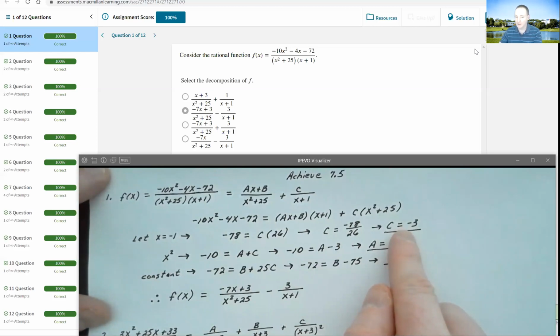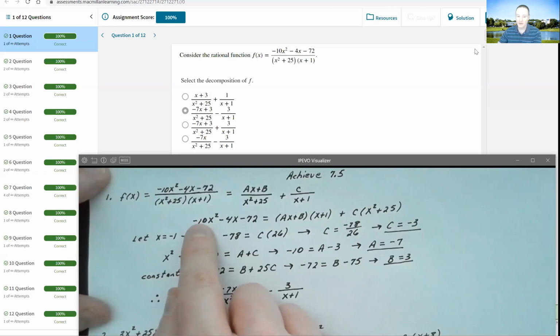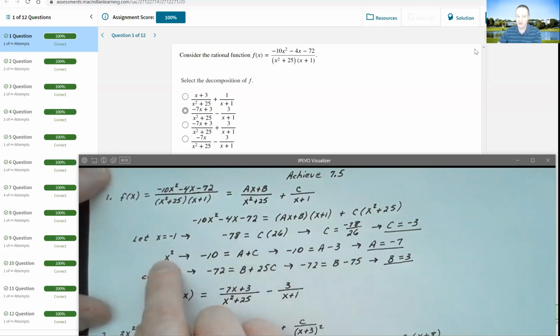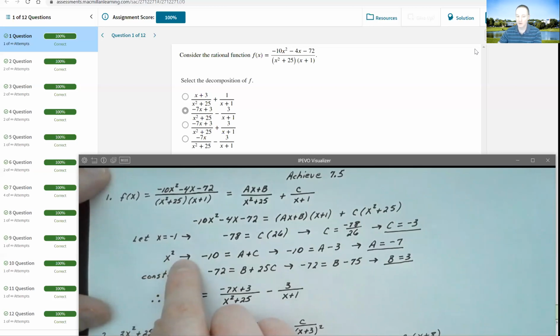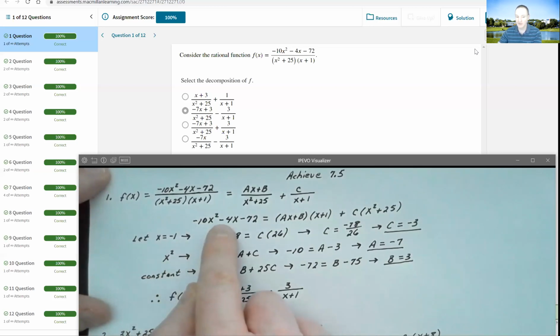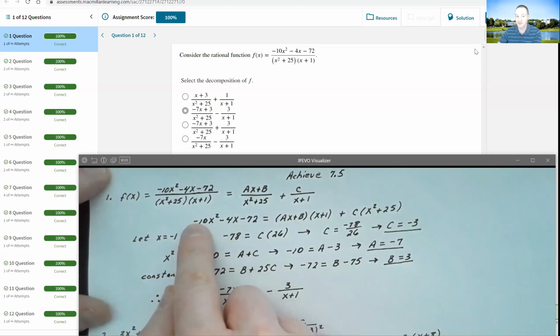The reason that I can logically solve for a now is because once I know c, I already know the coefficient. Notice how I start this and try to show my work by asking you, consider the x squareds. Please look, on the left-hand side, the coefficient of x squared is negative 10. So I know any coefficients of x squared on the right-hand side also have to add to be negative 10.